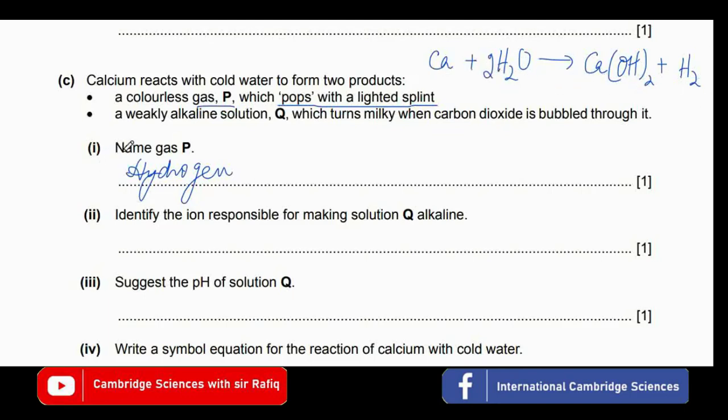So we know very well that gas P is hydrogen gas, and now identify the ion responsible for making solution Q alkaline. Obviously hydroxide. This is the symbol of hydroxide, or you can also write it in words, hydroxide ion, which is basically responsible for making solution Q alkaline.